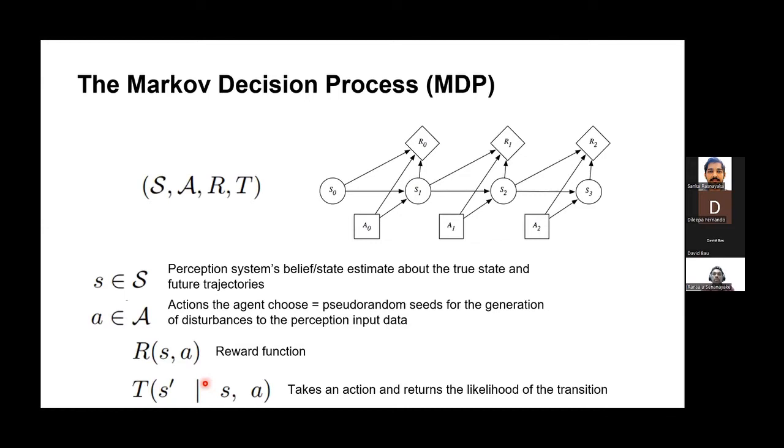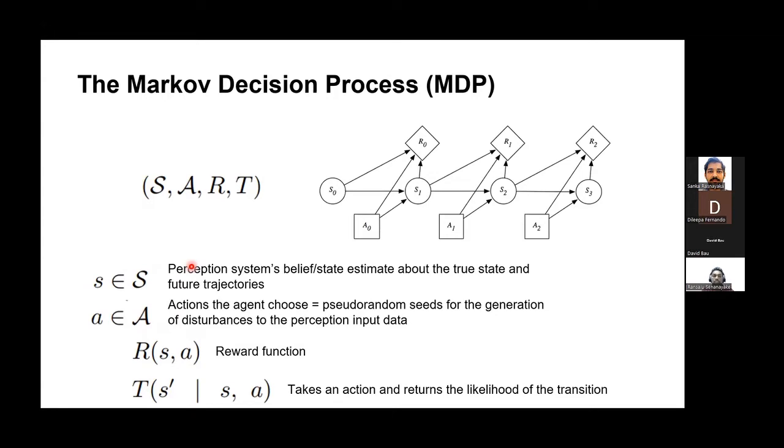cast this into a Markov decision process, right? In a Markov decision process, it's a tuple of these four: states, actions, reward function, and transition. The states are basically the perception system's belief state, or state estimate, about the true state and future trajectories.